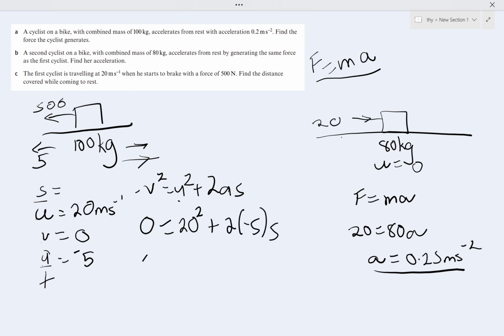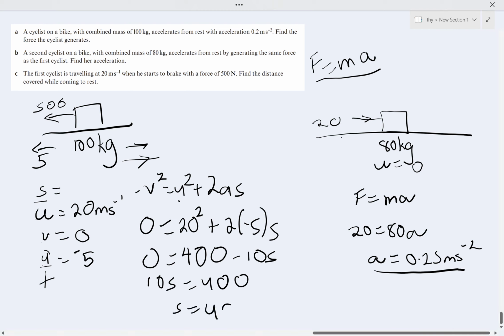So 0 is equal to 400 minus 10s, or 10s equals 400. The displacement is 40 and the units are meters, so they're going to take 40 meters to come to rest, and that's how you do a question using F equals ma.